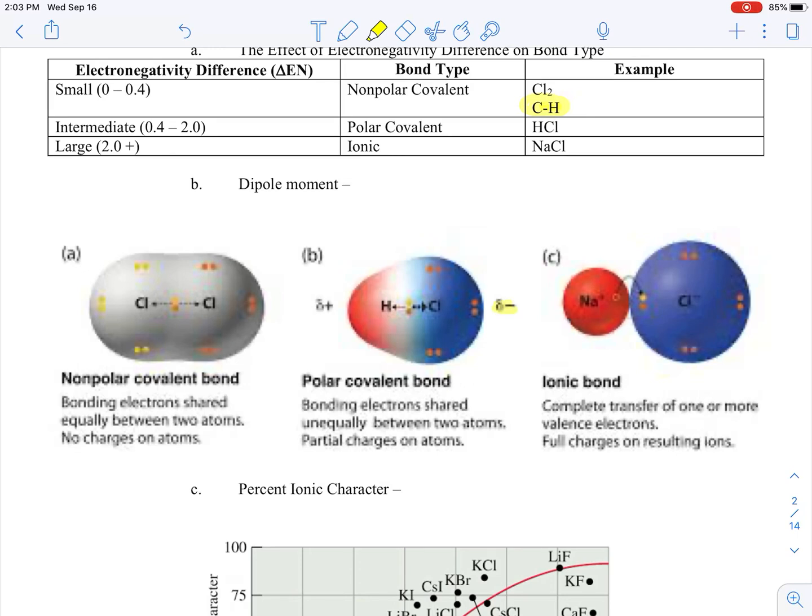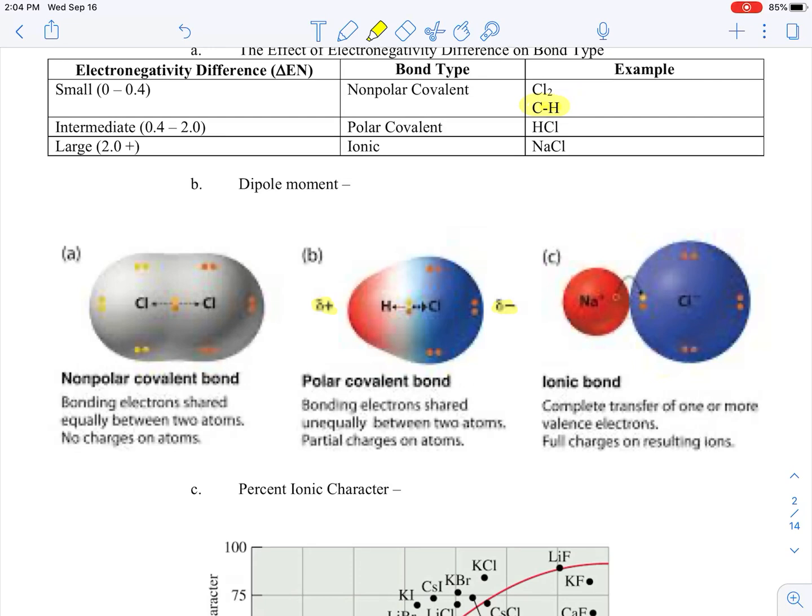Thus it's polar, just like this side is slightly positive. And that actually changes the properties of a compound, whether it's polar or nonpolar. Then we have an ionic bond, and that's where the electrons are completely transferred, but we still have some of that pole situation created there.